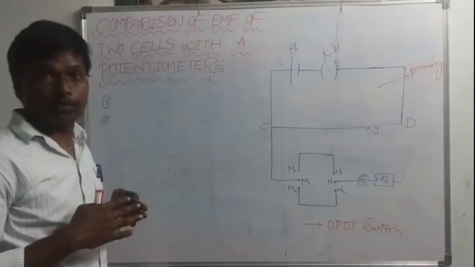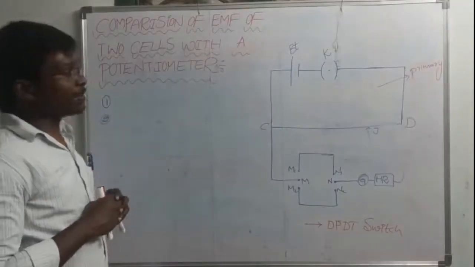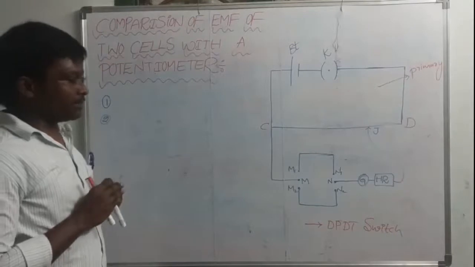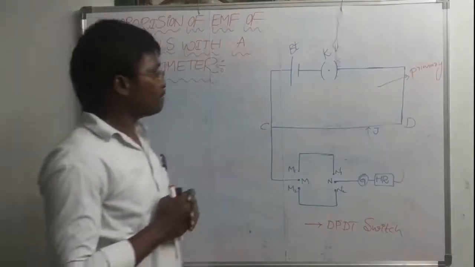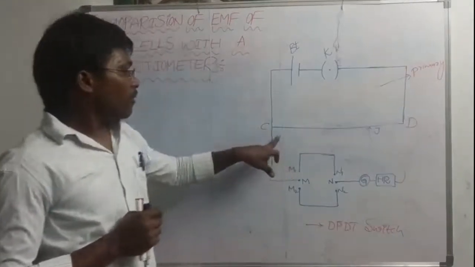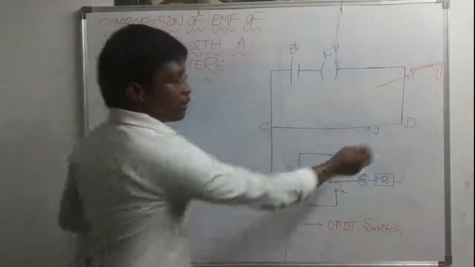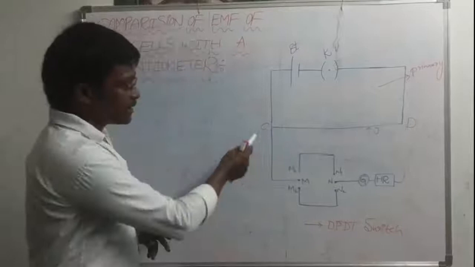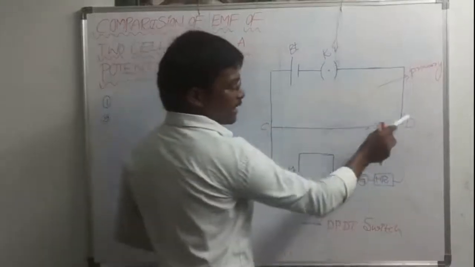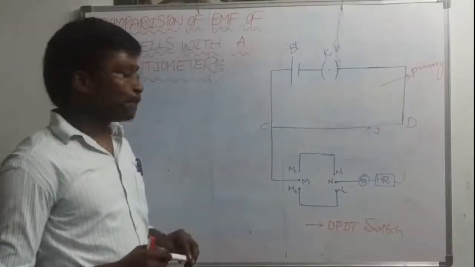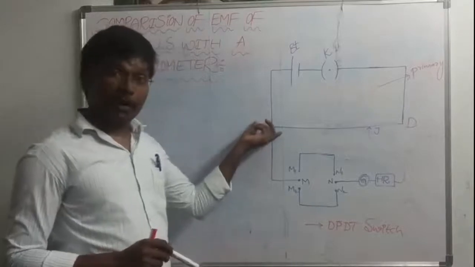Primary circuit. Okay. Now the next one. This is the potentiometer wire, we know already. This is one end of the potentiometer wire and this is another end.